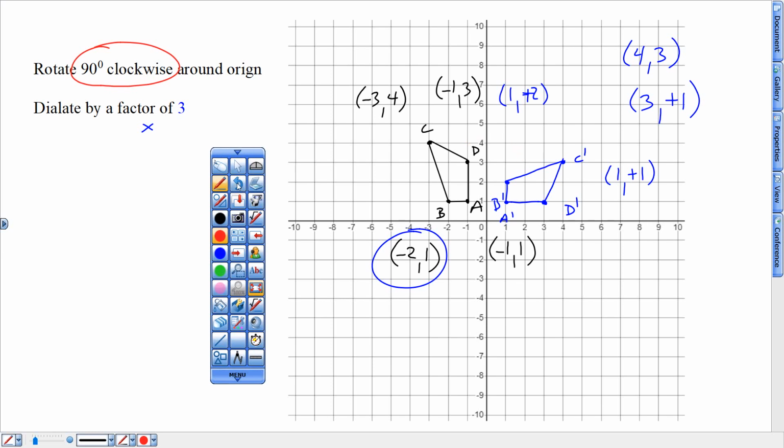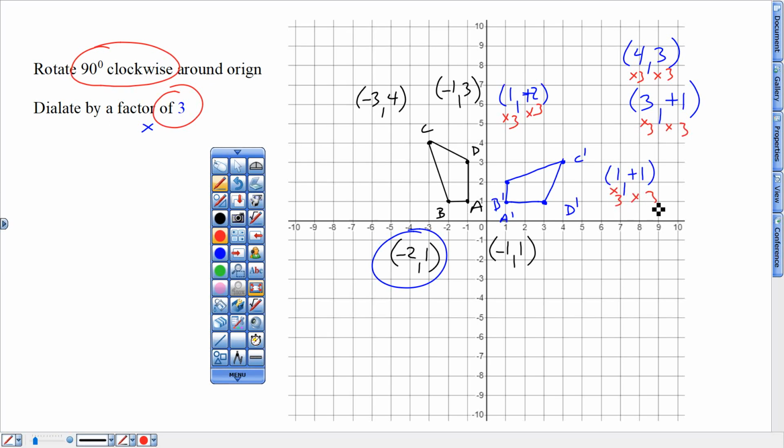And then on this one, you can see now it's having you times everything by 3. So here we go. I'm going to times every coordinate by 3. I'm going to times this one by 3, times this one by 3, times this one by 3, times this one by 3, this one by 3. I'm going to times every coordinate by 3.